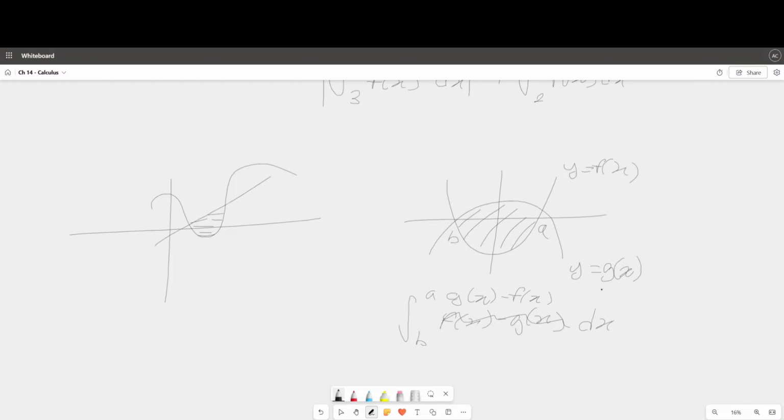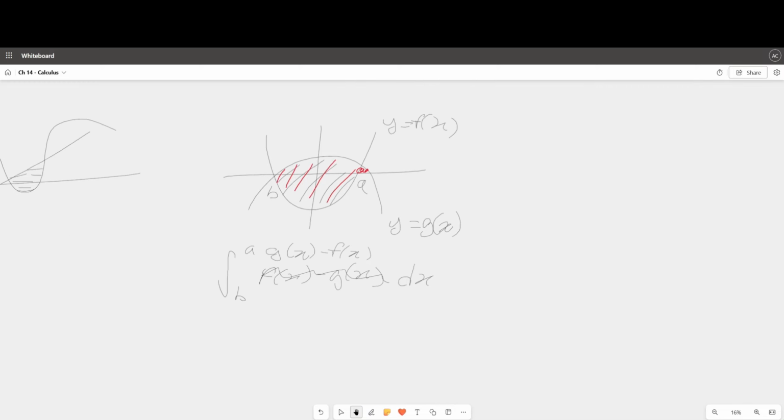Yes, it's the top curve minus the bottom curve, because if you were to look at this, the area under g of x, I'll highlight in red, includes all of this plus this extra area here, and let's just assume this intersects on the axis. That extra area is actually the area under f of x. So we have to subtract that because it isn't what we're looking for.